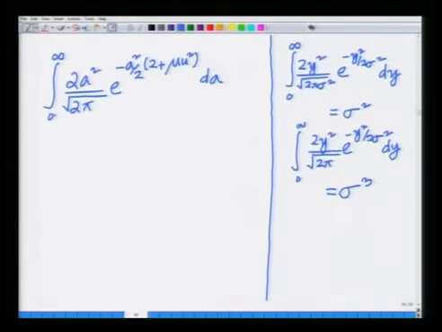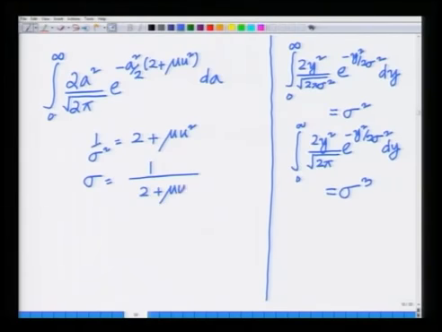Now, if you do a direct comparison, you can see that a here is equivalent to y, and 1 over sigma square equals 2 plus mu u square, which means sigma is essentially 1 over the square root of 2 plus mu u square, which means the value of this integral is sigma cube.